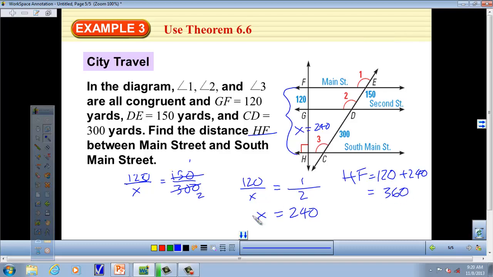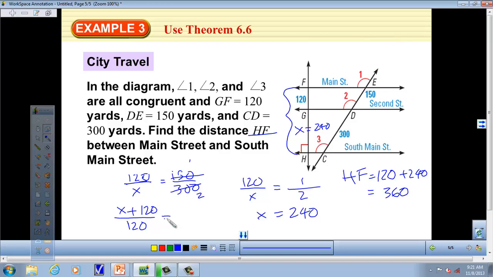Okay? I'm going to show you the way the book does it. The way the book does it is they say, for example, I could say 120 on the bottom here, and on the top I could do these two added together. So it would be X plus 120.